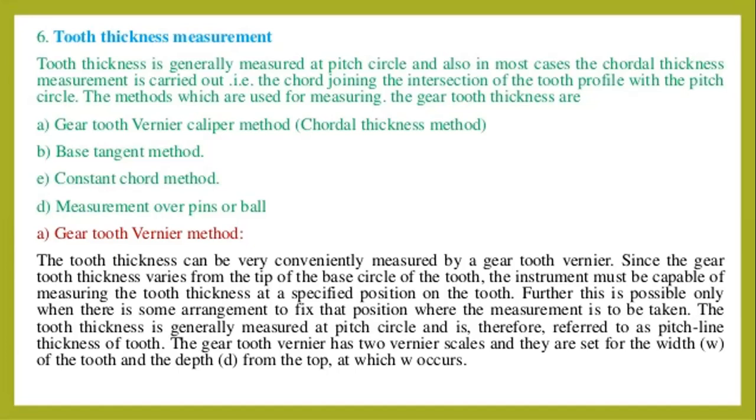And the methods which are used for the measurement of gear tooth thickness are four types. First one is the gear tooth vernier calipers method, also known as gear tooth vernier. Second one is the base tangent method. Third one is the constant chord method, and the last one is the measurement over pins or balls.